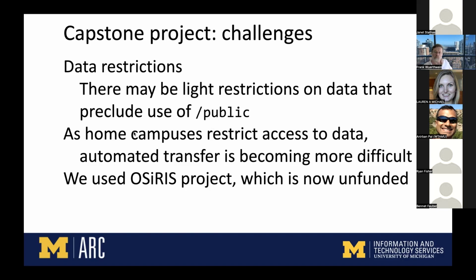And I think that as home campuses seem to be restricting access to data and machinery that holds data, the choices that are available for automated data transfer are becoming more difficult. One of the earlier talks dealt with a system that could very well address that, and that would be really cool. But we used the OSIRIS project. Unfortunately, it's currently unfunded and is on a best effort maintenance basis.